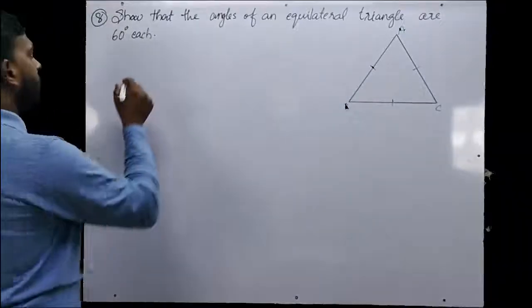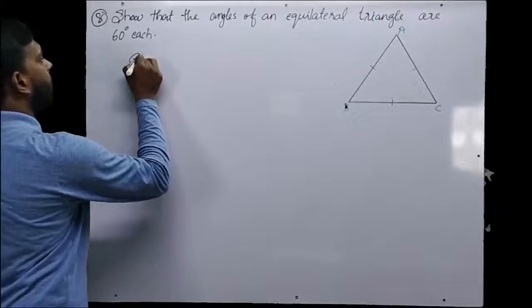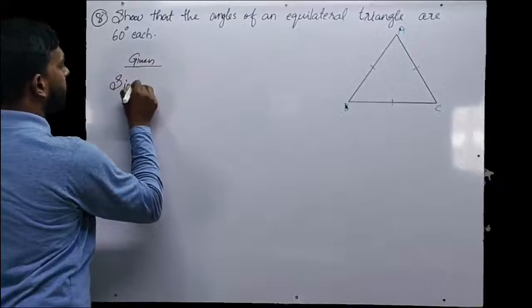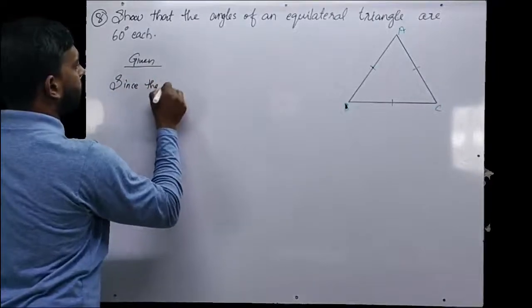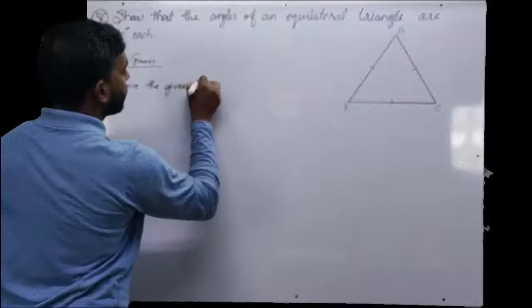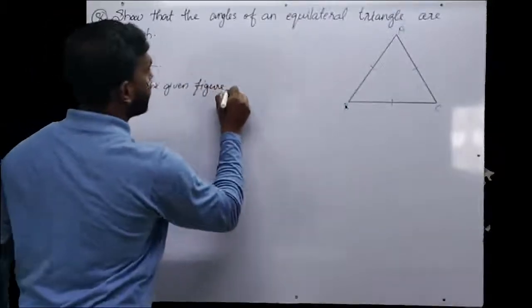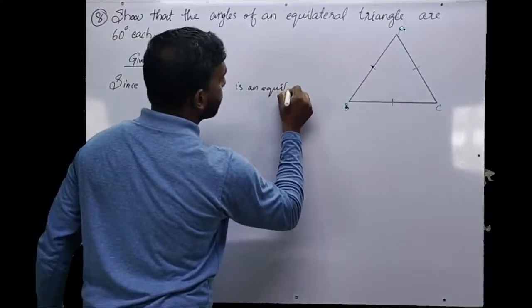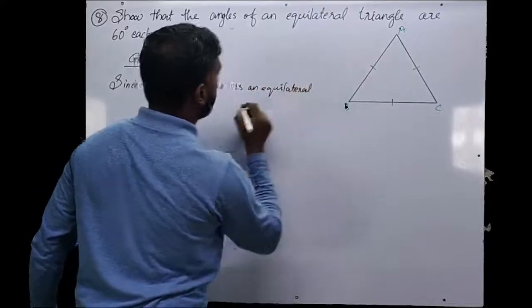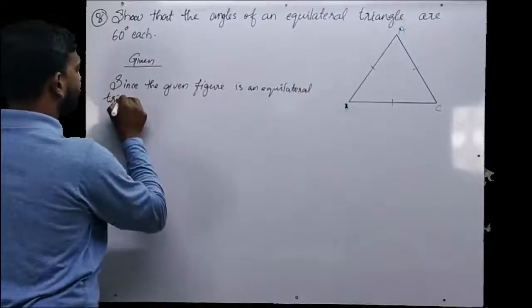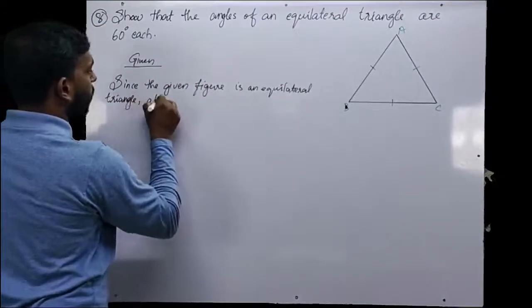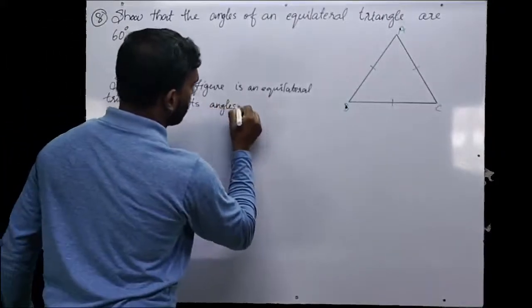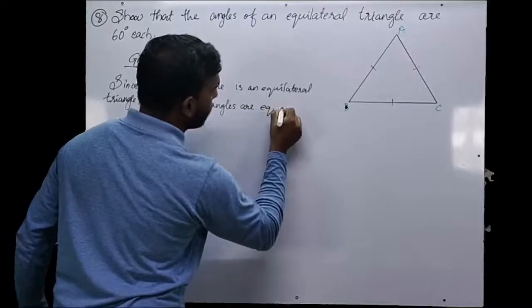So we understand that since the given figure is an equilateral triangle, all of its angles are equal.